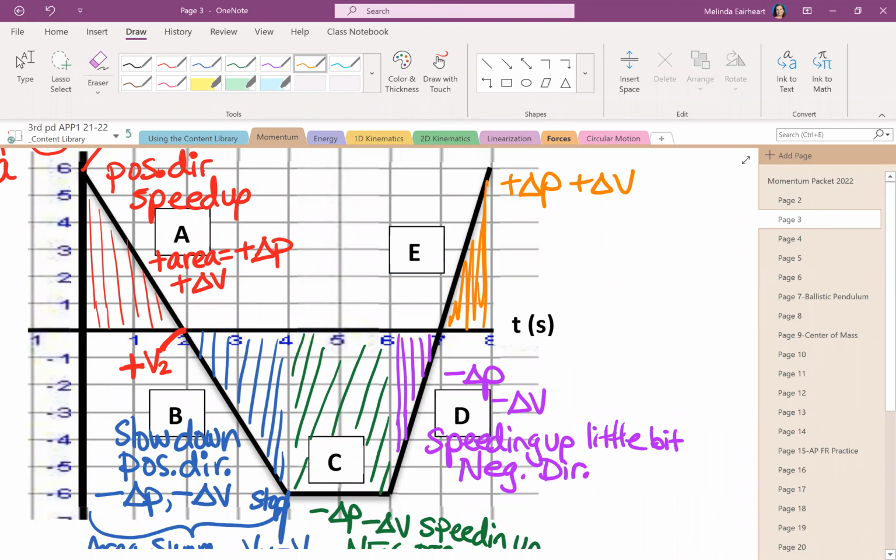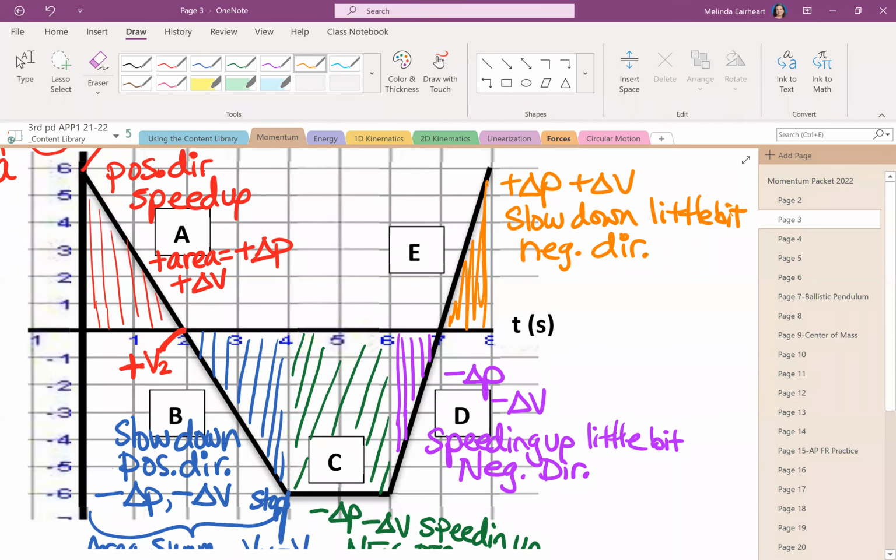Is it enough to cancel all that speeding up that we did in C and D? Not the whole thing. So we're going to slow down a little bit. Hint, hint: what direction are we moving? Still negative. Just because there's a positive force doesn't mean you're moving in the positive direction, okay?